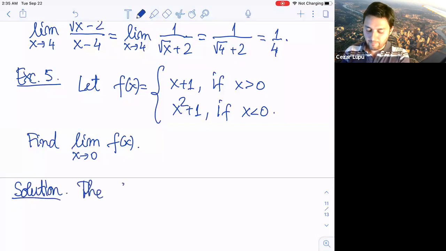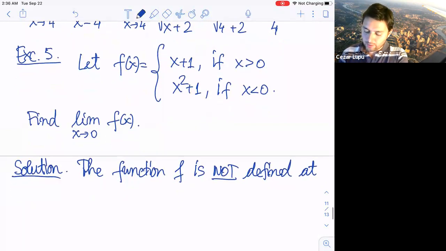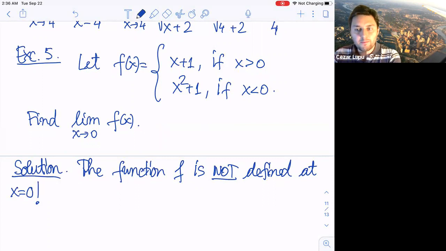So let's notice this. The function f is not defined at x equals 0. Well, and as you can see, the function f is defined differently on each side of the 0. So for the positive, it is defined as a linear function, and for the negative it is defined as a quadratic function. So let's see.